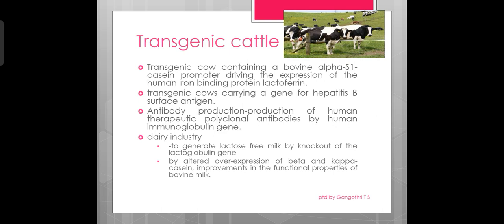It may be possible to create hypoallergenic milk by knockout of the lactoglobulin gene, and to generate lactose-free milk by a knockout of the alpha-lactalbumin locus, which is suitable for consumption by many lactose intolerant persons.